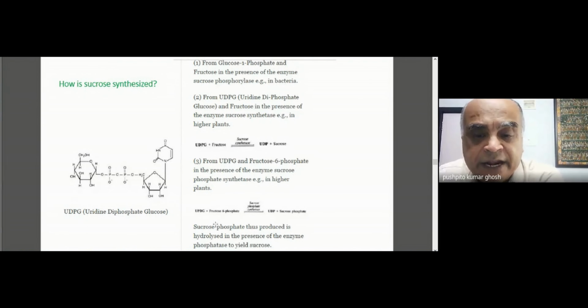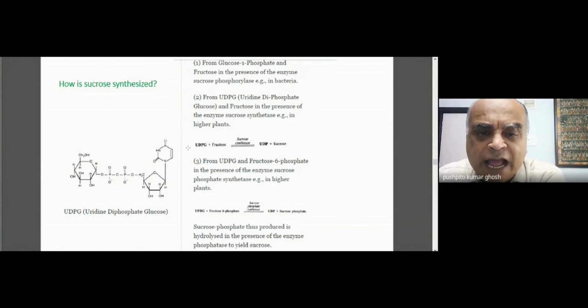Okay, and the second is that there is another, where you can get both UDPG and fructose phosphate together. Both are in the form of a phosphate ester, and they react in the presence of an enzyme called sucrose phosphate synthetase, and it effectively forms sucrose phosphate, and then the sucrose phosphate gets hydrolyzed and releases the phosphate, and it forms sucrose.